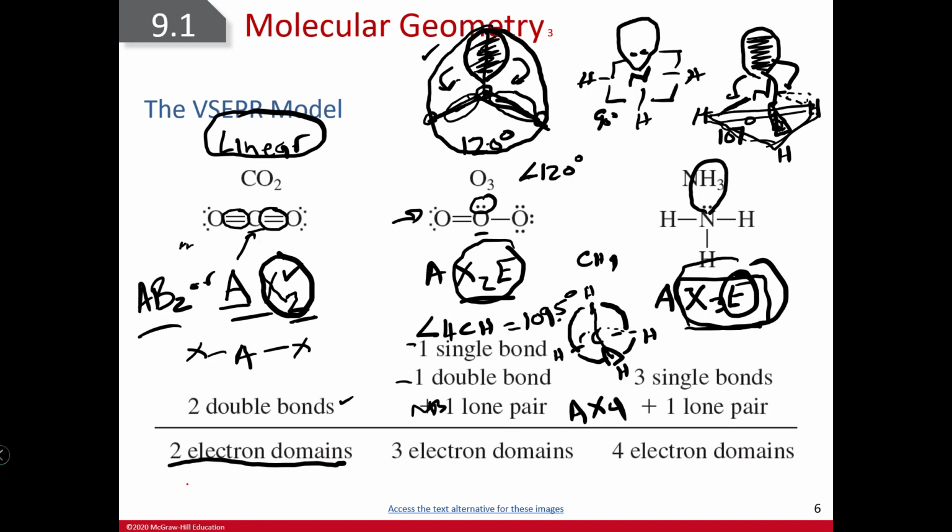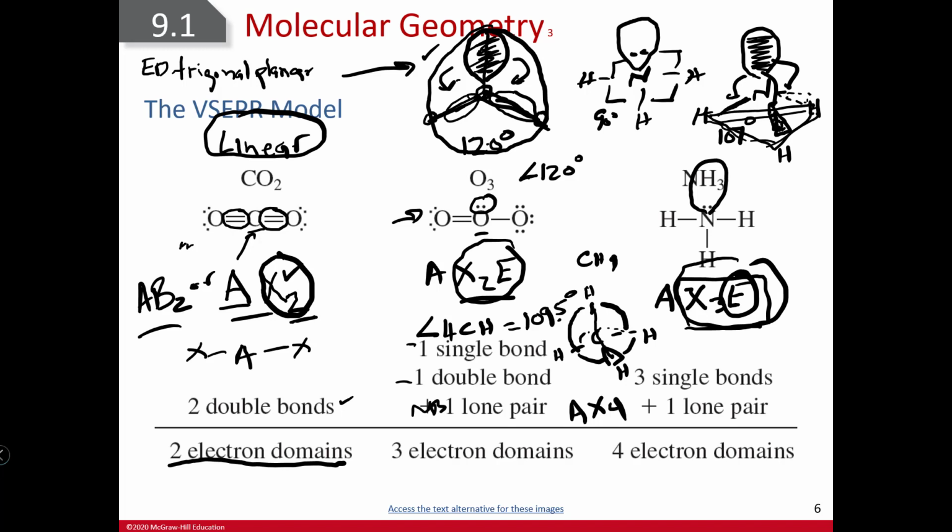In the ozone, we have 3 things coming off the central atom. So the electron domain for this is called Trigonal Planar, flat. That's what the electron domain is. But the geometry is, let's do this.